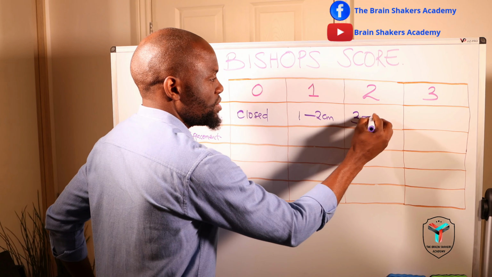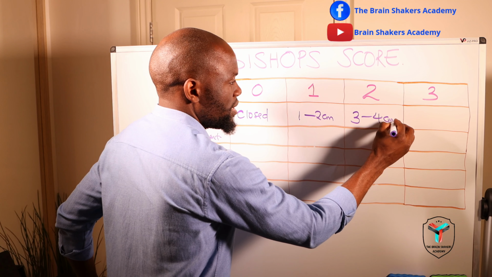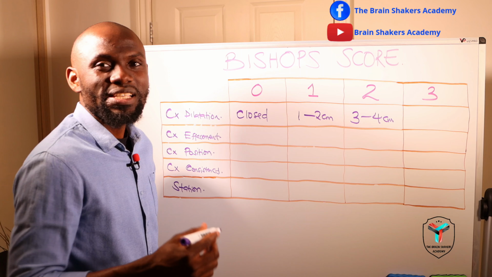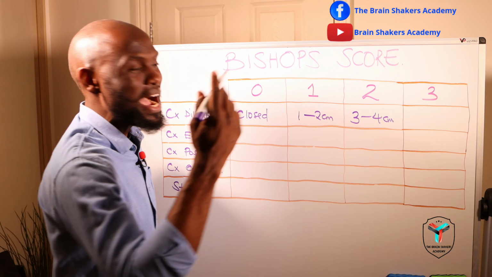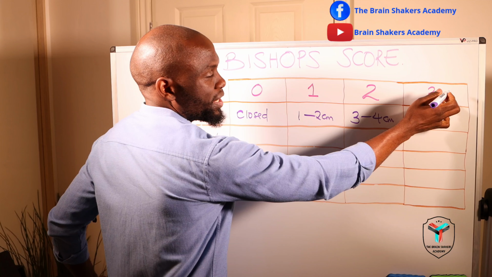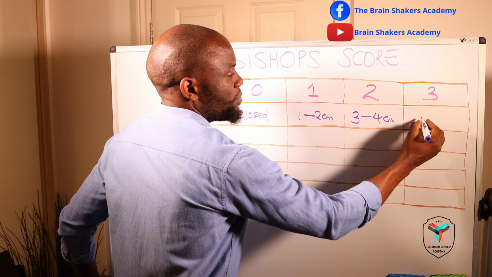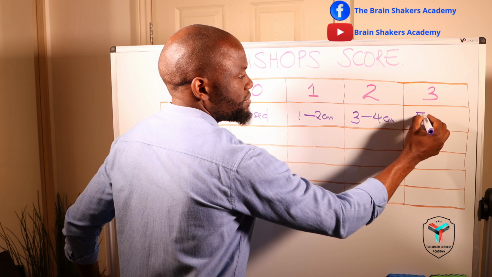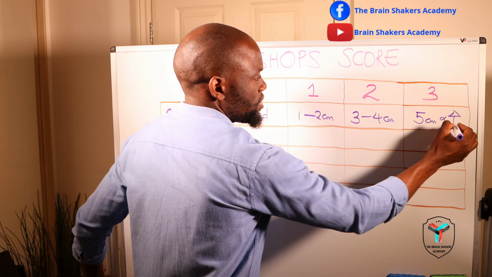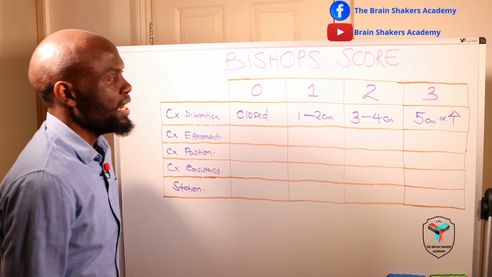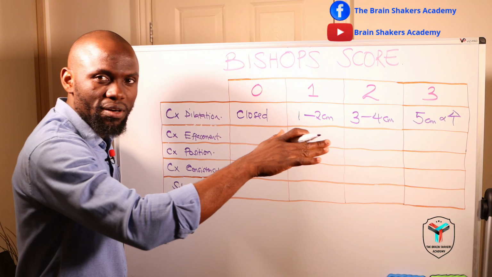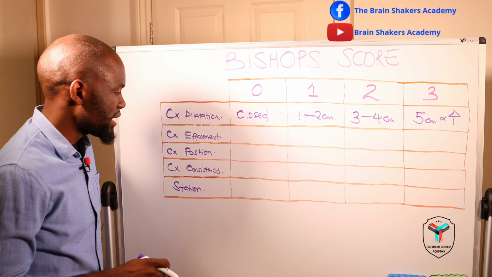Then when the cervix is 5 centimeters and above, we will score the cervical dilatation a 3. So everything that is above 5 centimeters, we would have made our assessment on the cervical dilatation.